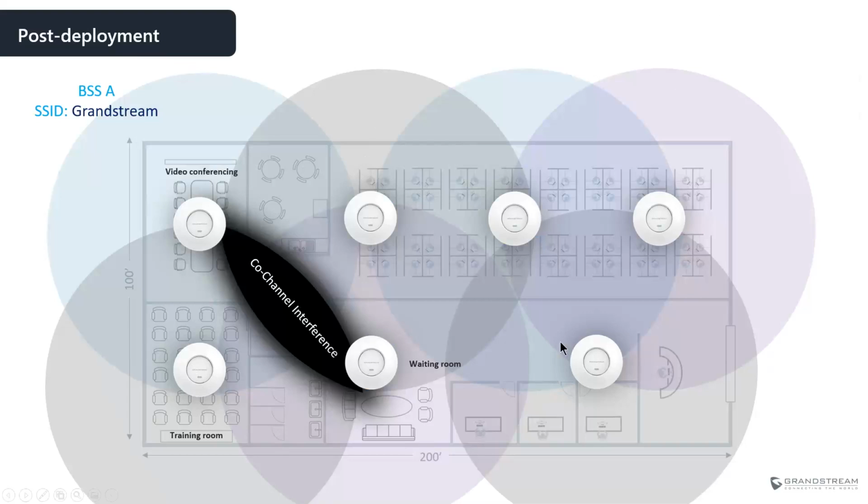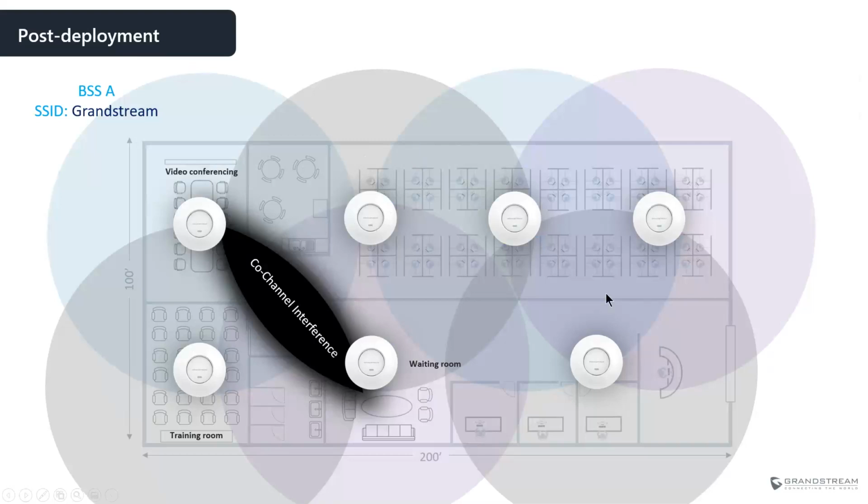So when you have 3 access points broadcasting on the same channel, having their signal set at high, the signal from these access points will overlap, which will cause what we call co-channel interference. And co-channel interference is basically when you have 2 access points competing over the same channel medium or the wireless medium.